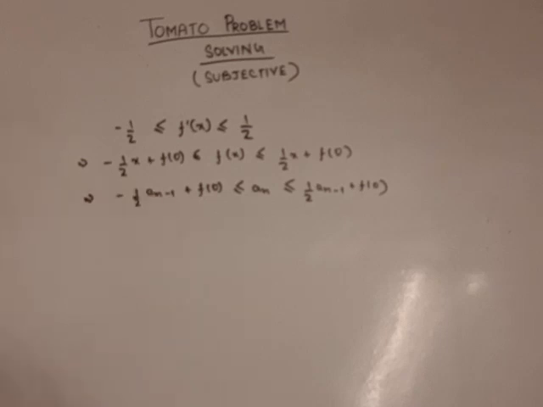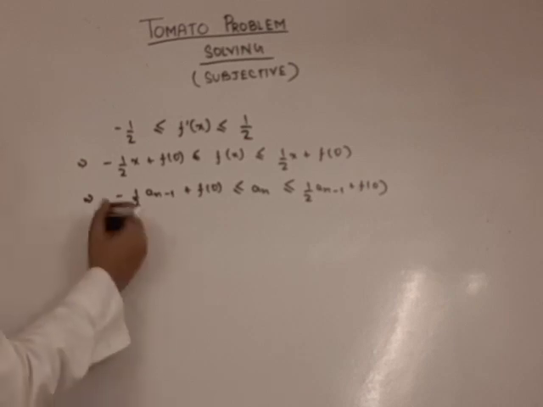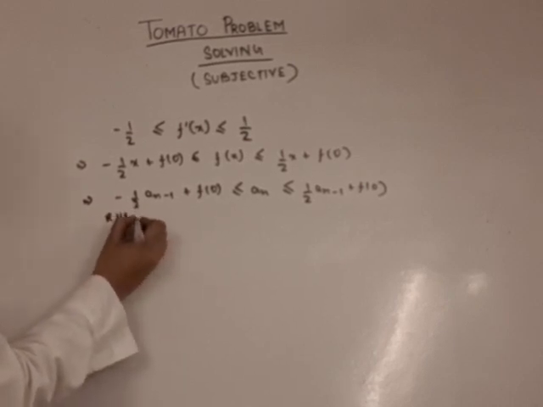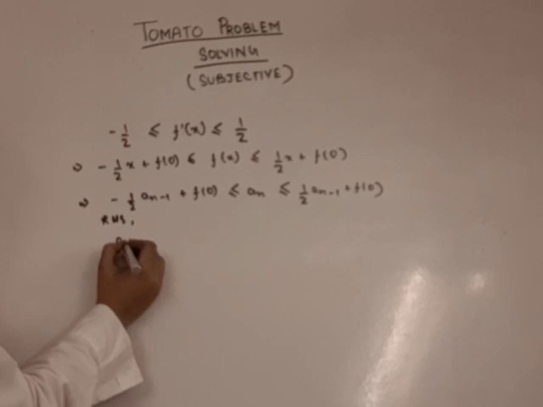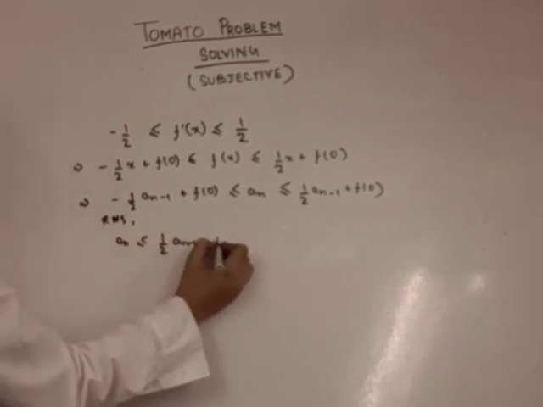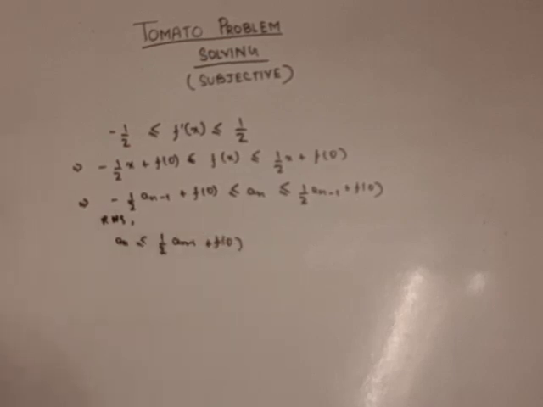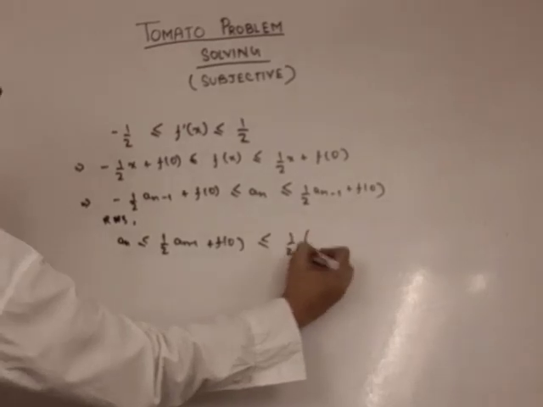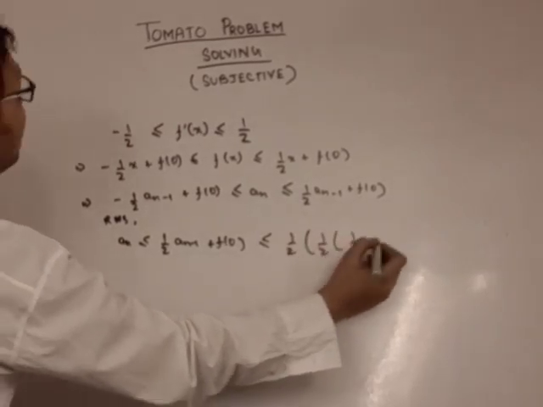Now we consider the right hand side of the equation. On the RHS we get a_n less than or equal to half of a_(n-1) plus f(0), which is less than or equal to half of half of half, and it goes on.